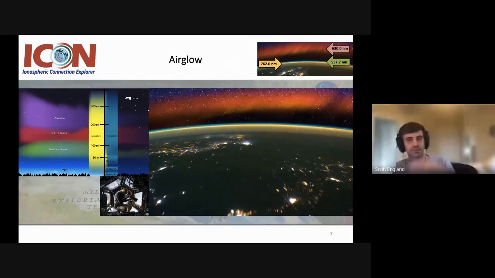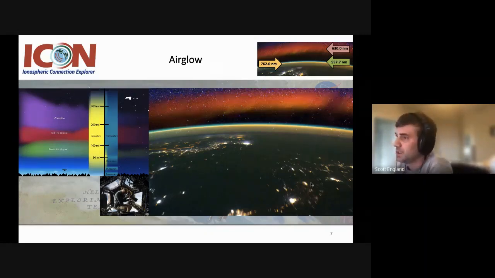So airglow happens in various layers of the atmosphere. And what's happening is that when we're getting atoms, molecules, ions in excited states, if that happened in the air in this room, at least where I'm in, what typically happens is that atom or molecule will collide with something else pretty quickly and lose that extra energy through collisions.